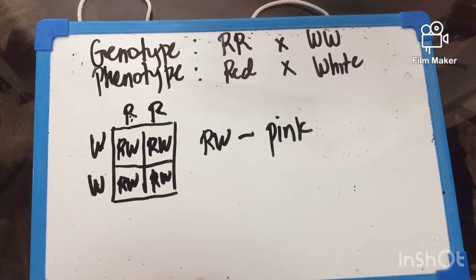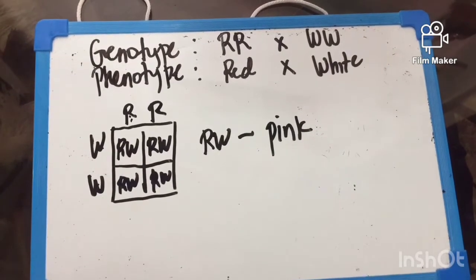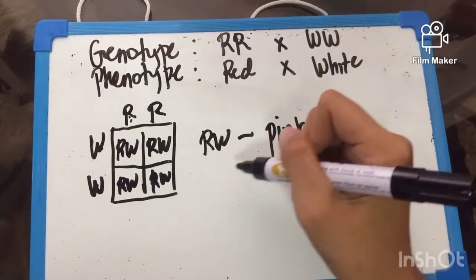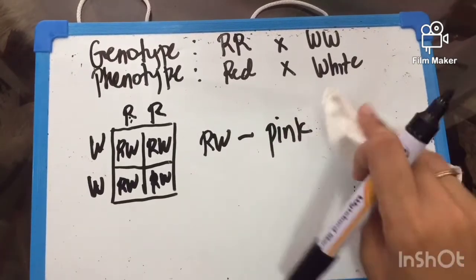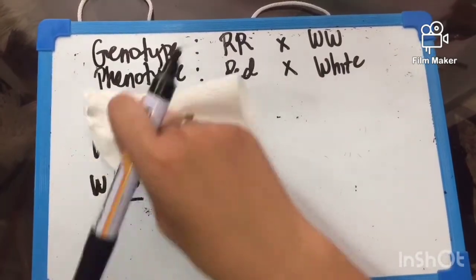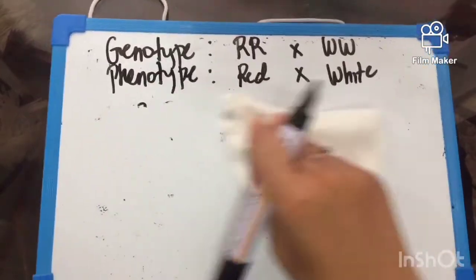Now in the second problem, the pink flowered rose plant is crossed with another pink flower. So pink is crossed with, let's erase first.